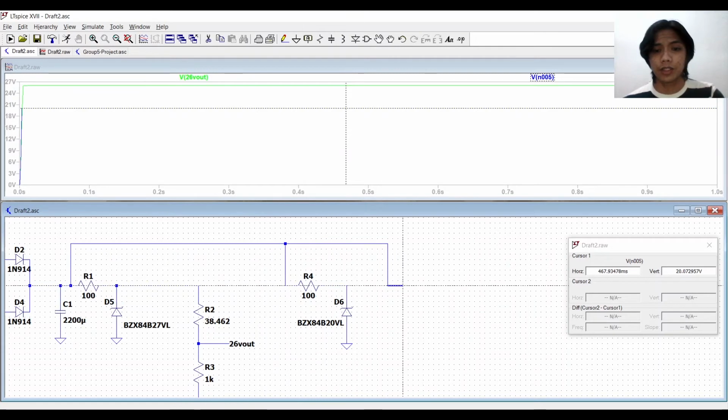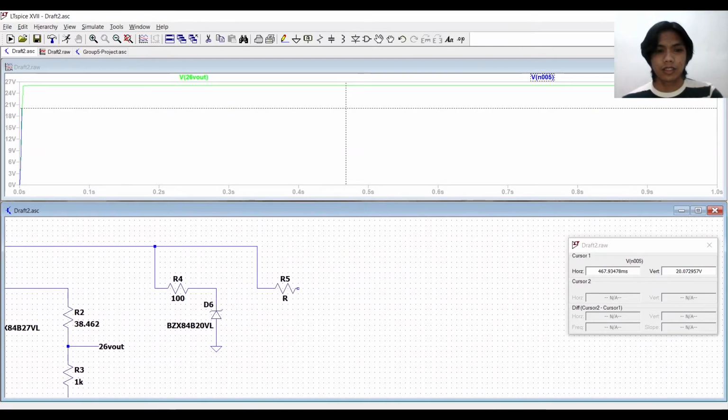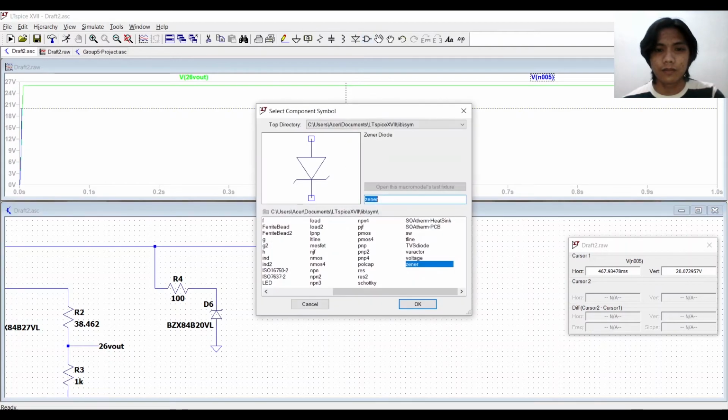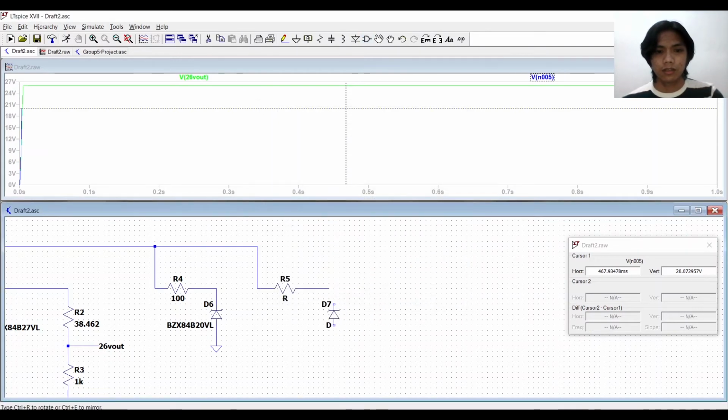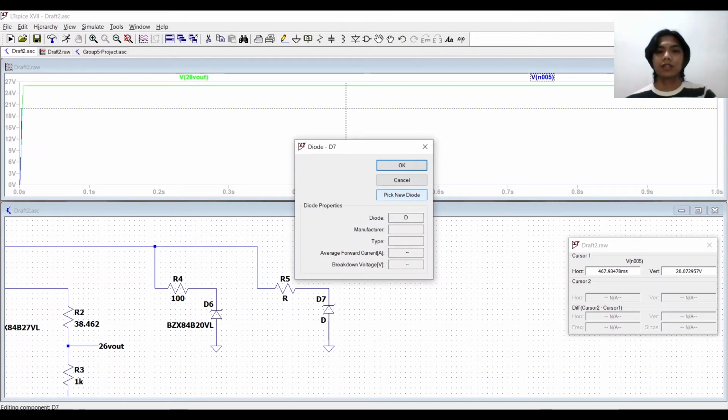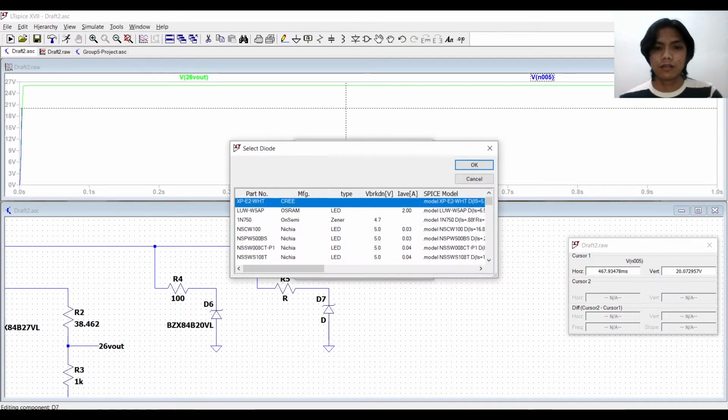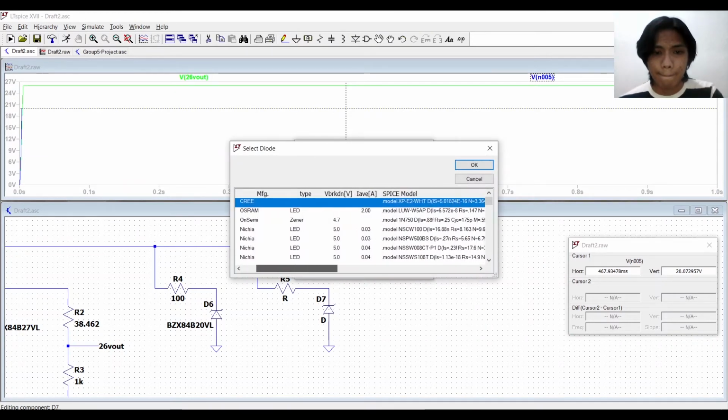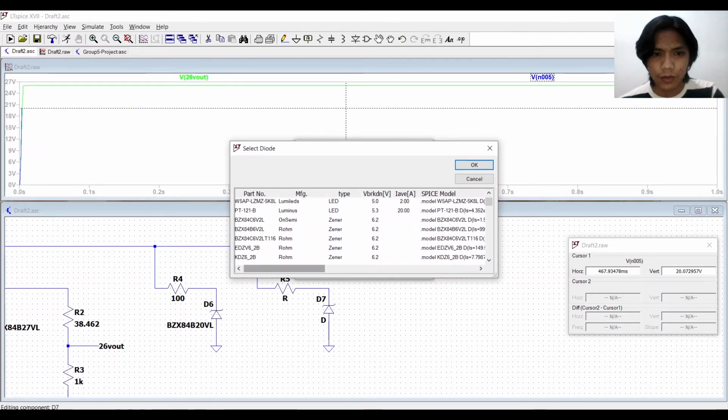And furthermore, attaching the other voltage outputs, we would again use the Zener diodes in order for us to further decrease the voltage.